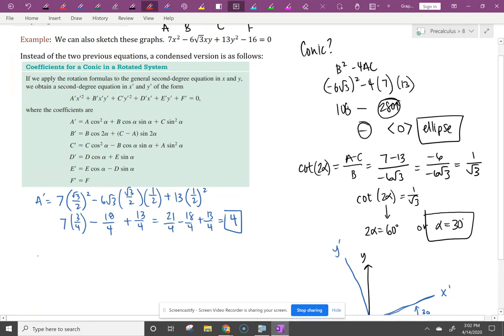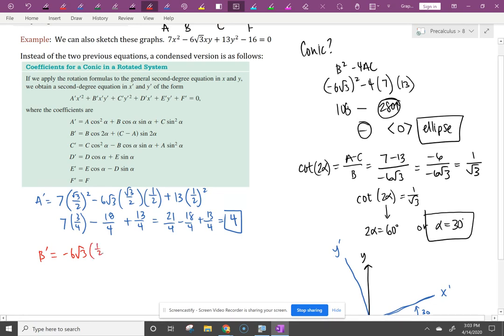What about B prime? And what do you know about B prime? There should be something special. If our angle of rotation is correct, B prime better be 0. Otherwise, we need to do some new work. Minus 6 root 3 according to the formula, cosine of the double angle. So if it's 30 degrees, I got to do 60 degrees. Cosine is a half. So where's that?